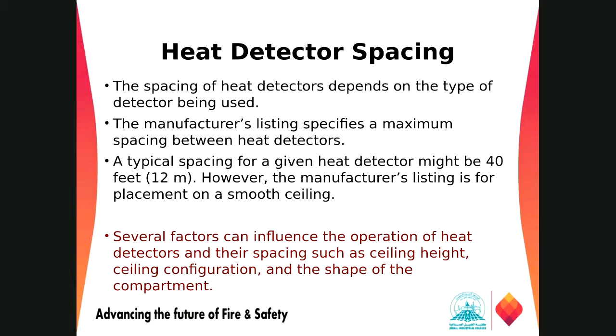Several factors influence the operation of a heat detector, like ceiling height, ceiling configuration, and shape of the compartment. Based on those, the 12-meter listing is not possible in actual field requirements, so it will be reduced further below that.